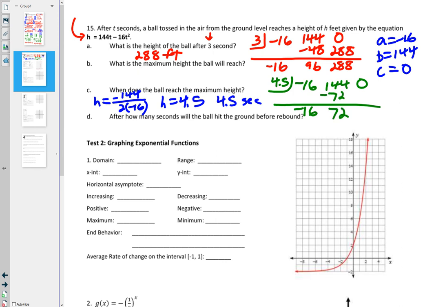And that's 72. 36, 288, and 36, 294, 314, 324. 324 feet.